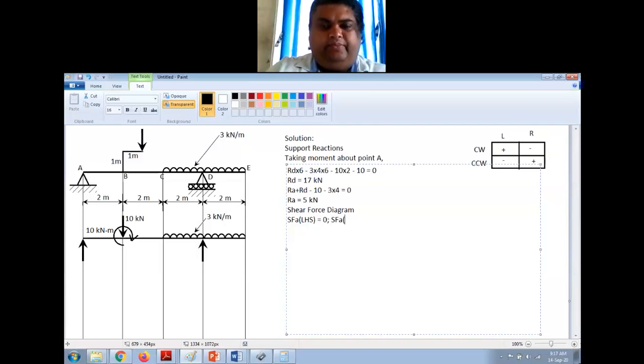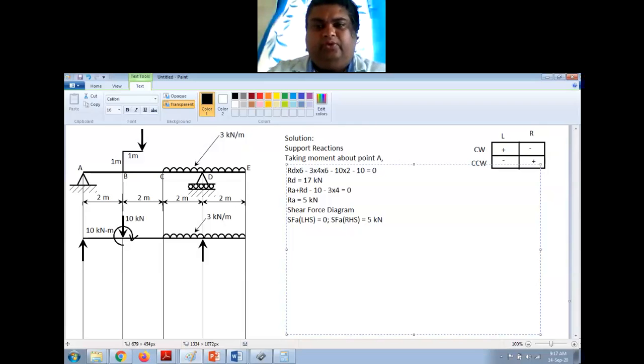SFA RHS, I'm just taking the section on the left side and the right side of the section, right? RHS is equal to RA, the reaction force that is acting there, that is 5 kilonewton.